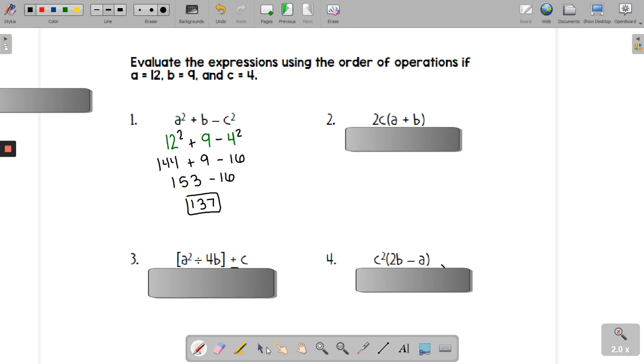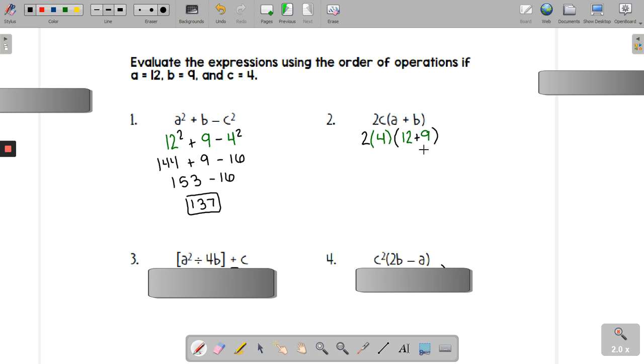Number 2, we're doing it the same way. So we have 2c times the quantity of a plus b. Substitute in a, b, and c for their values, and you get 2 times 4 times the quantity of 12 plus 9. PEMDAS states that we start with our parentheses.